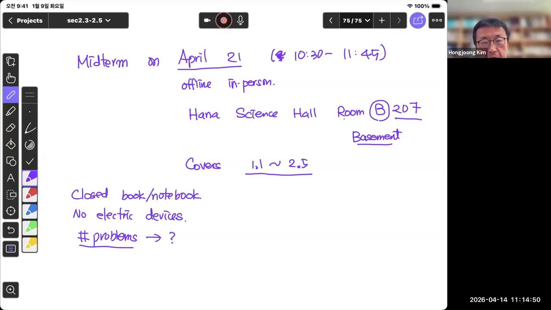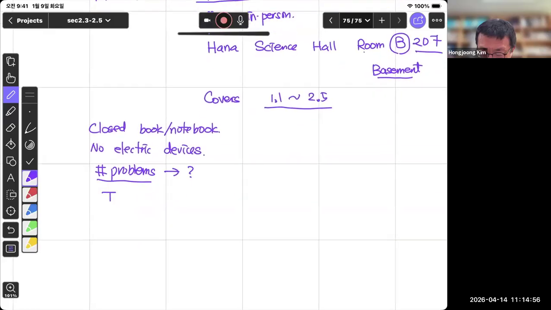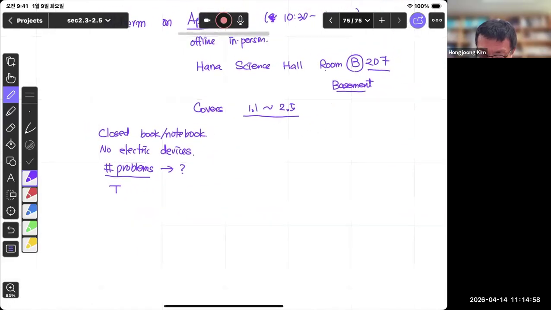Now for the types, a true false problem may be given, something like, say, 2 is an even number. If you believe it is true, you can mark it true. If it is false, you can mark false.